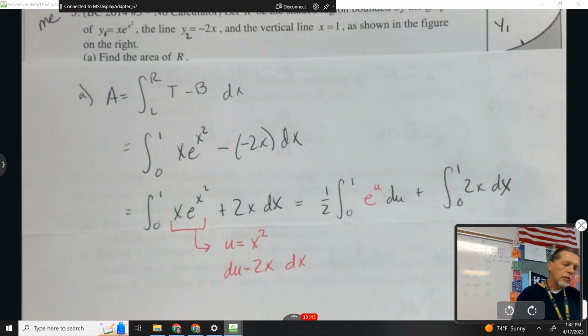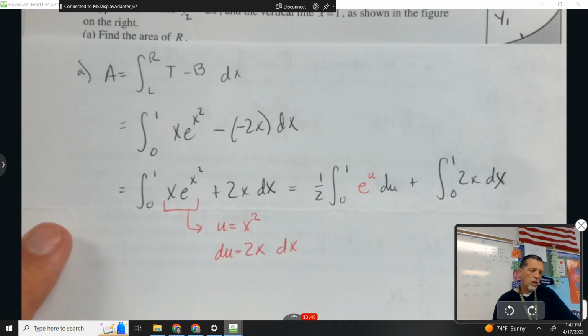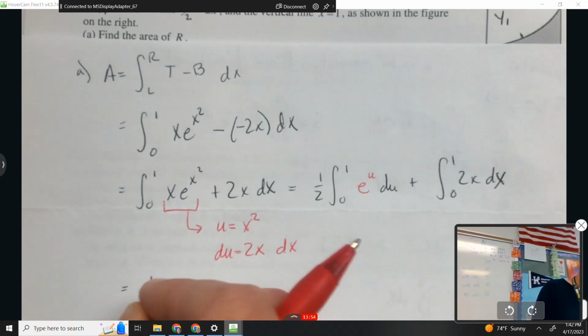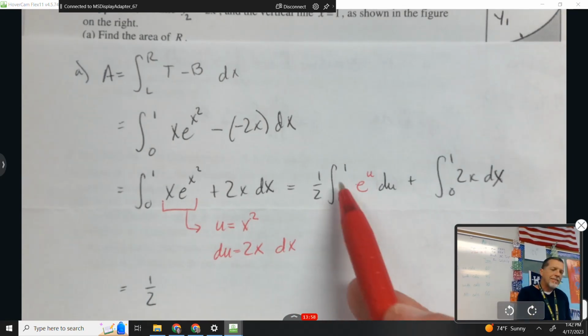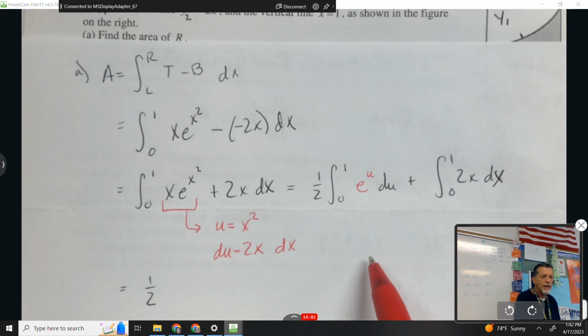So be careful putting the 1/2 out front. That almost got us. Oh, this isn't quite right. Actually, it is. It turns out it is right.